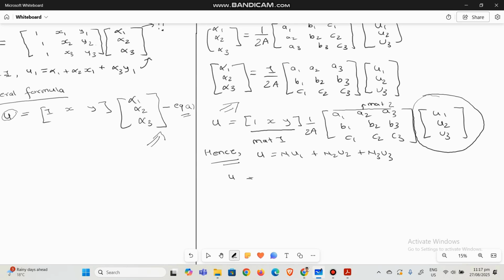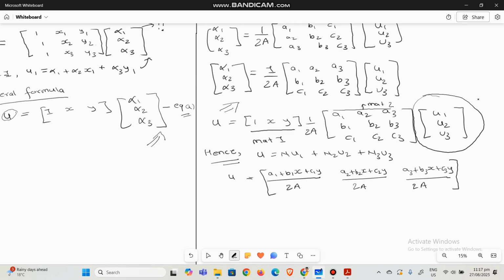So what we are getting is a1 plus b1 times x plus c1 times y divided by 2a. This is our first term. The second term is a2 plus b2x plus c2y over 2a. Similarly, a3 plus b3x plus c3y over 2a.